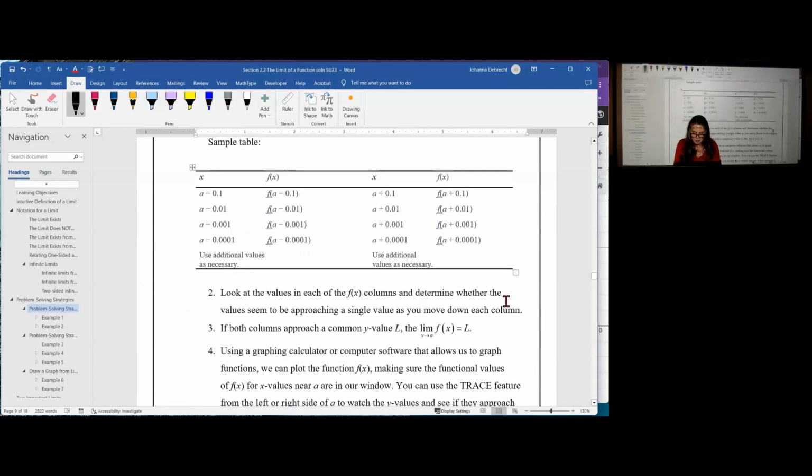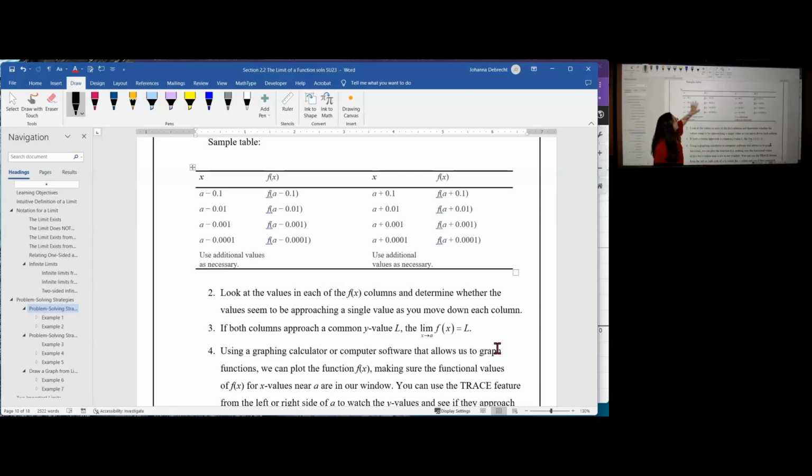Here's a sample table right here where you are filling out different values. So technically, you can do any values you want, but from a practical standpoint, we usually take the value of a, subtract 0.1, 0.01, 0.001, and so on, and then we add the same values. Right?